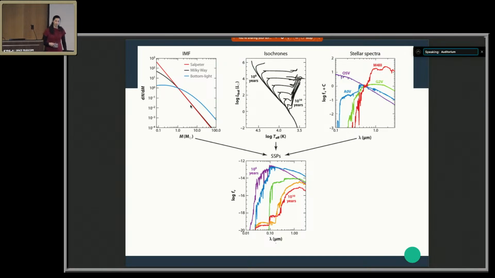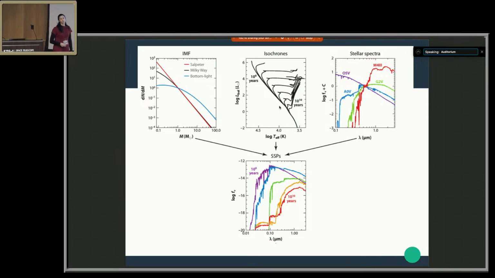And for this, you need stellar evolution. And in stellar population modeling, we use the isochrones, which tell you which stars you need for each stellar population age, right? So as time passes, as the stellar population evolves, you have a change in the isochrone, because the massive stars are evolving and changing.